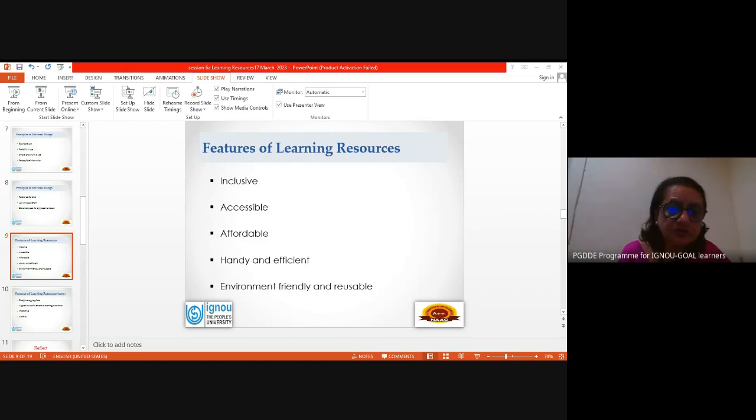And inclusion means trying to ensure that maximum people can be included, by making sure that there are various formats and various ways in which the reach can be undertaken. So inclusion basically means trying to include rather than exclude.